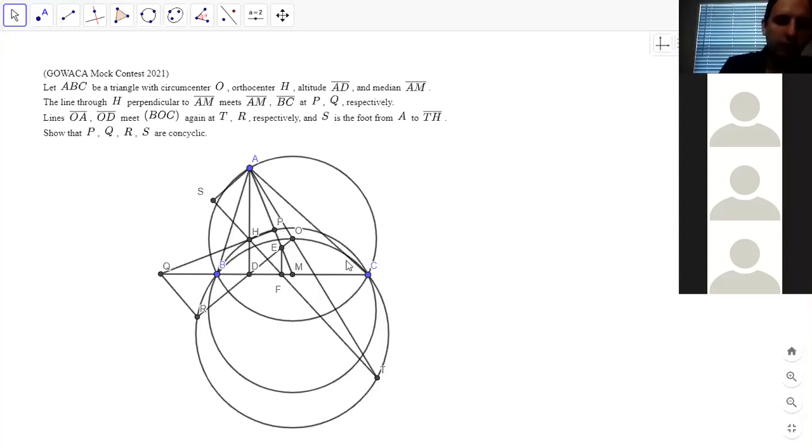So DE over EO is the same as AD over OM, and DF over FM. Yeah, how do we do DF over FM?